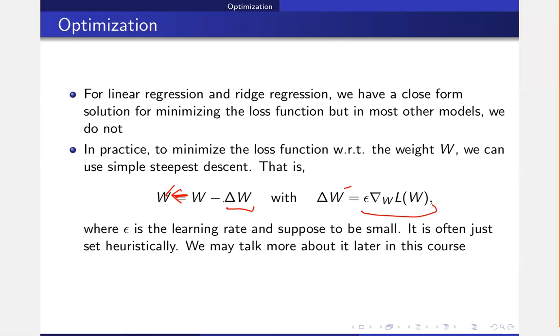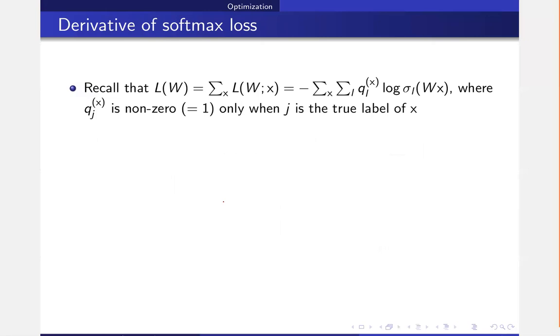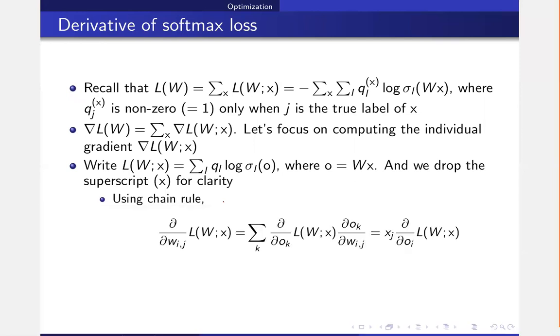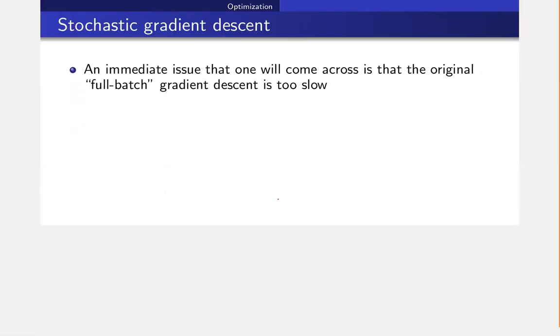There are some variations that we will mention more in several classes later, on how to do the optimization. For the softmax loss, the derivative is pretty nice, but I will talk about that more when we talk about backpropagation. So I will skip this for now.